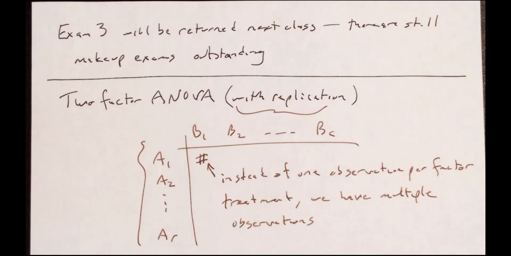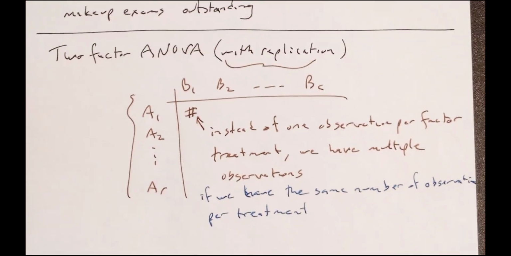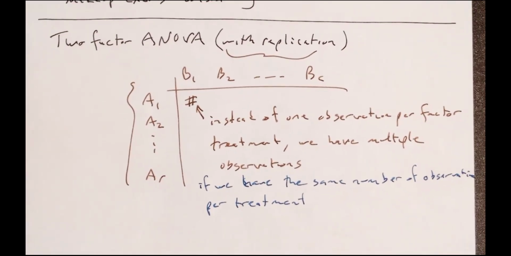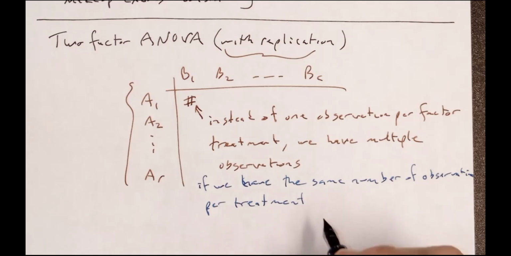Ideally, I would like to have the same number of observations per factor combination. If I have the same number of observations per treatment, then we're going to call this balanced data.